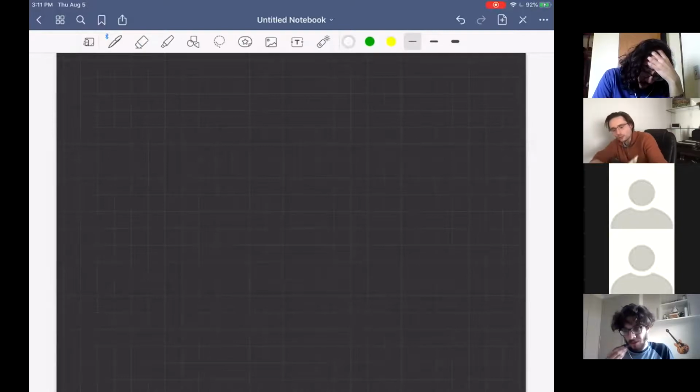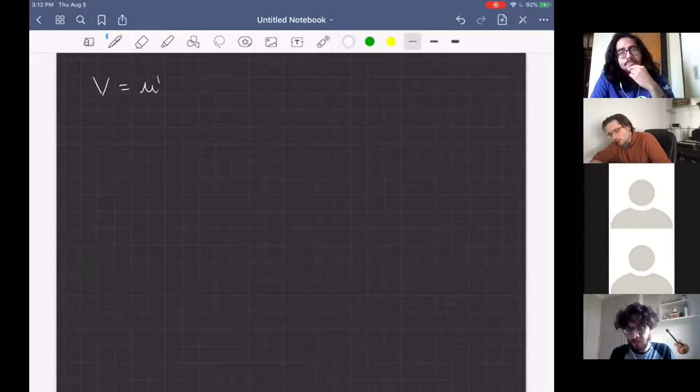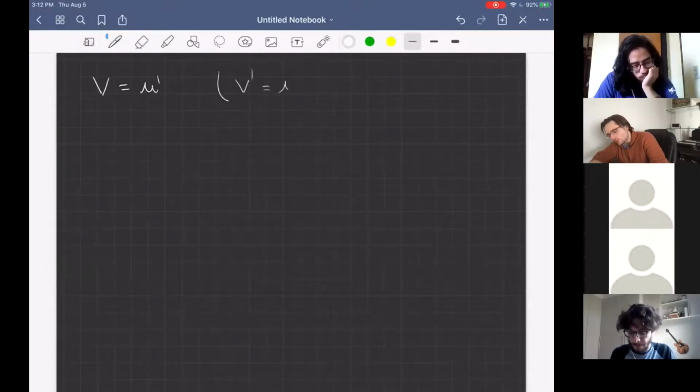No? I'm going to define a new variable, capital V, that is equal to U prime. If U prime is equal to capital V, then V prime is equal to U double prime, so the second derivative of U.